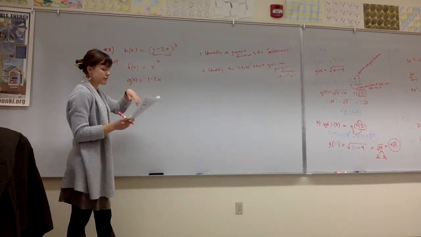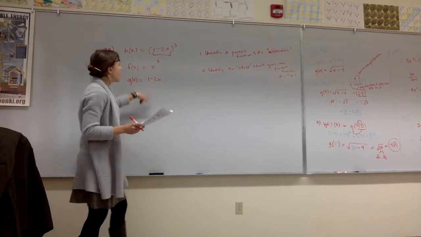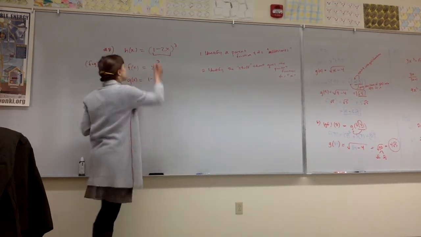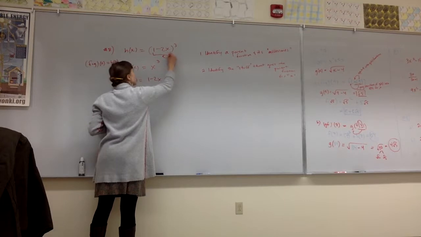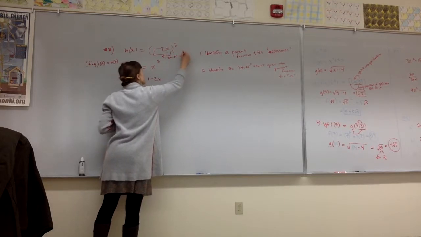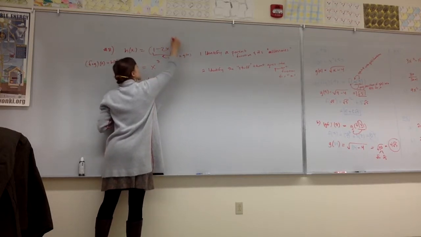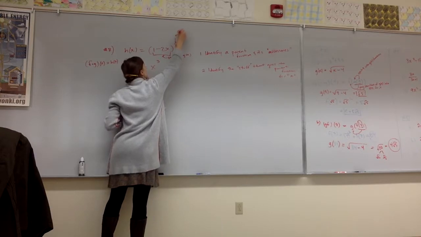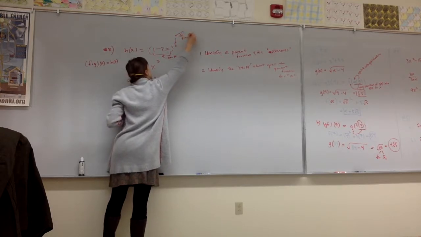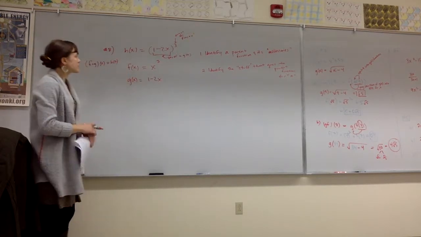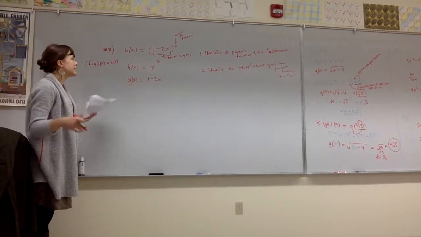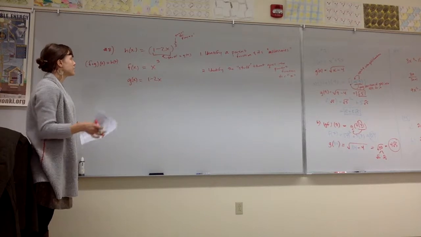I'll show you in a different example what that would mean. And then I identify this stuff, which is equal to g of x. This is my parent function, which is f of x equals x cubed. And that's how I would decompose a function.